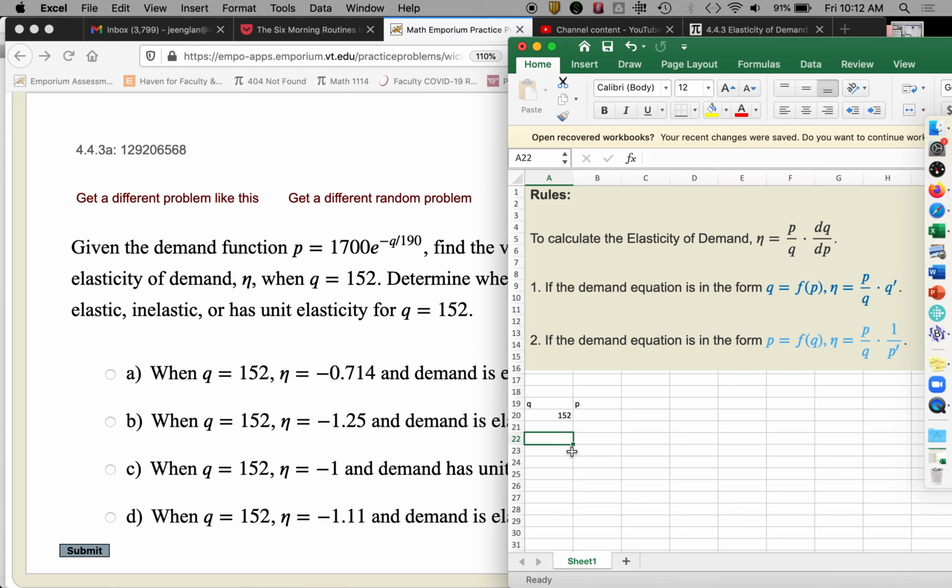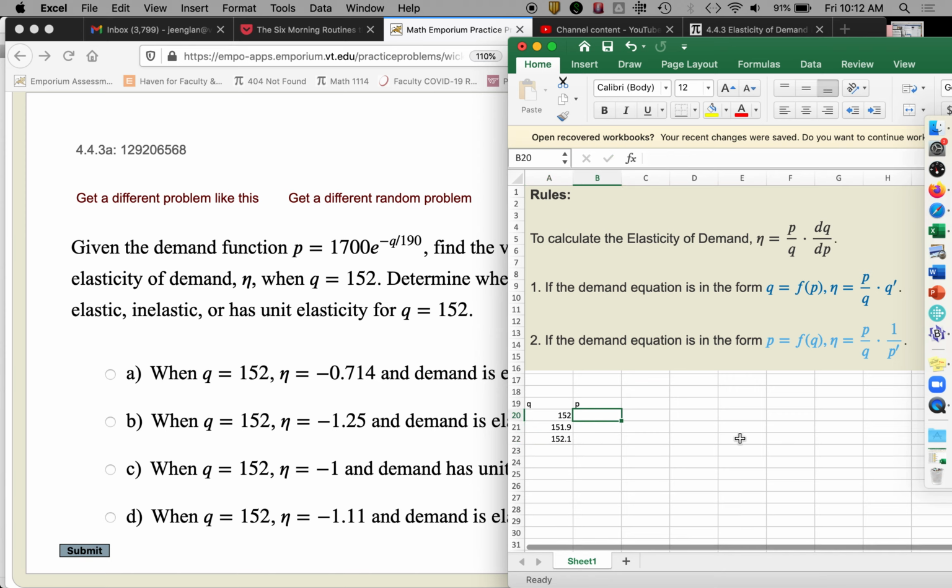I'm also going to have to figure out the slope around Q equals 152. So what I'm going to do is pick some numbers really close to 152, like how about 151.9 and 152.1.